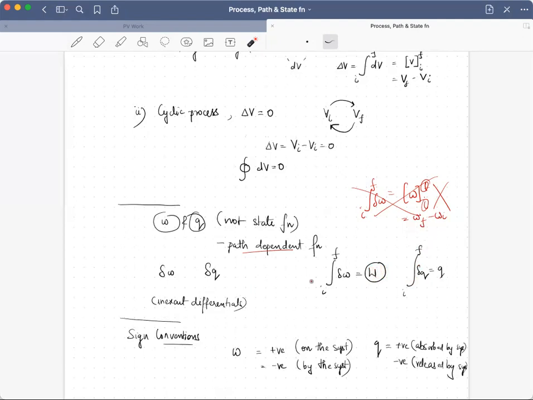So that is the difference that you should keep in mind. This is the case with work and heat, which we are going to use quite often in the further discussion.